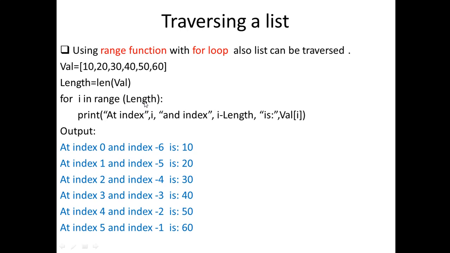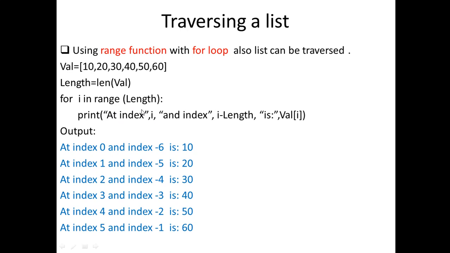The end value is length. Length is 6. So it will execute the value of I from 0 till length minus 1, which is 5. So 0 to 5. The very first time it executes, the value of I will be 0.